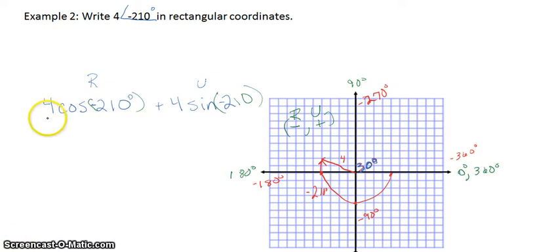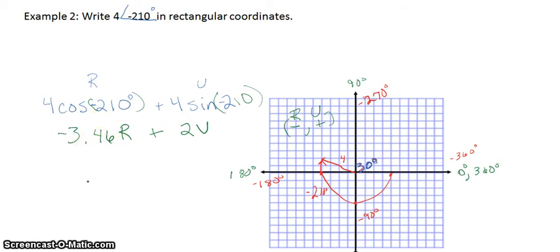Alright, on this first section, for cosine of negative 210 degrees, that gives us negative 3.46, and that would be R. And then on the second one, that will give us 4 sine of negative 210 is 2, so plus 2u.